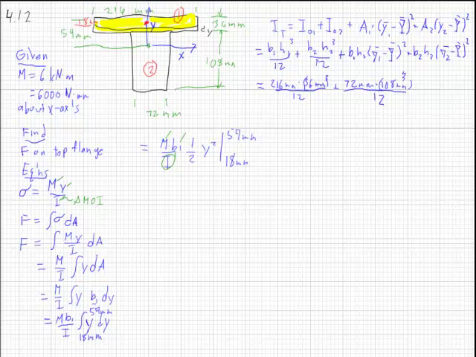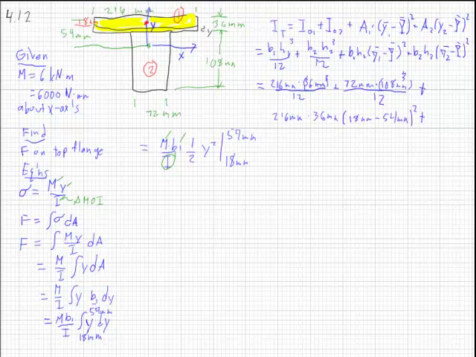So write that in, plus b1 is 216 millimeters times 36 millimeters times y bar 1, which is 18 millimeters minus 54 millimeters, and that quantity is squared.